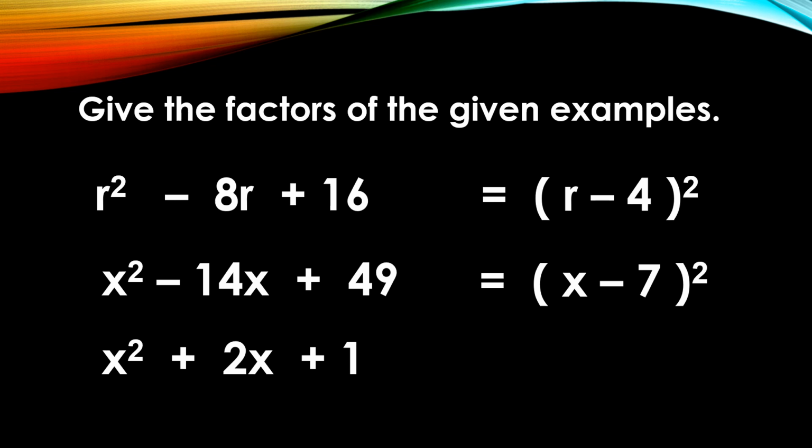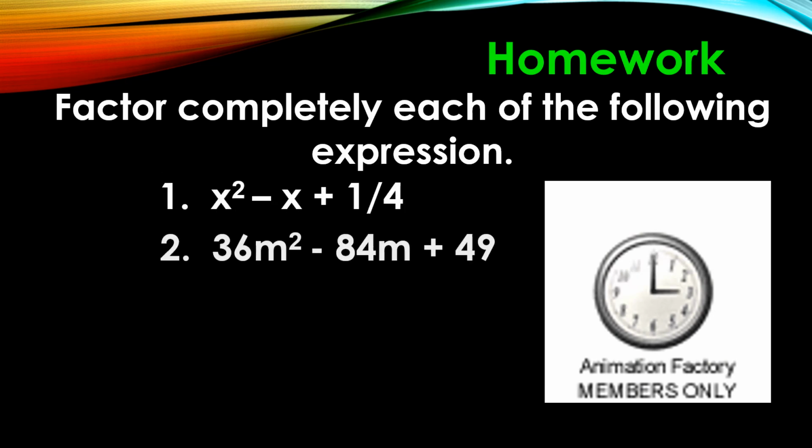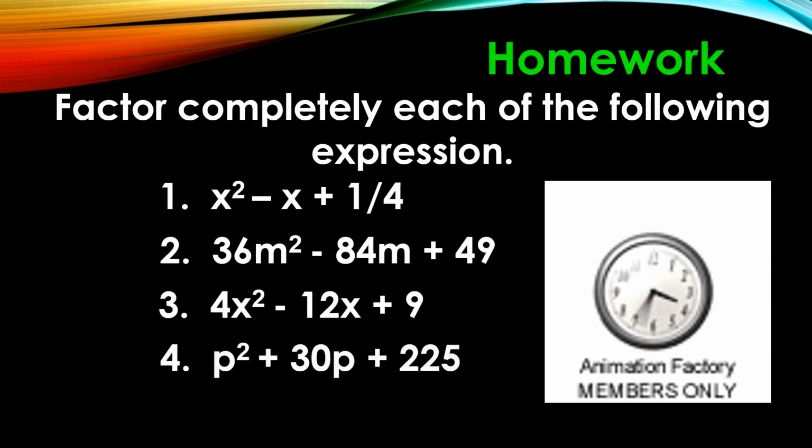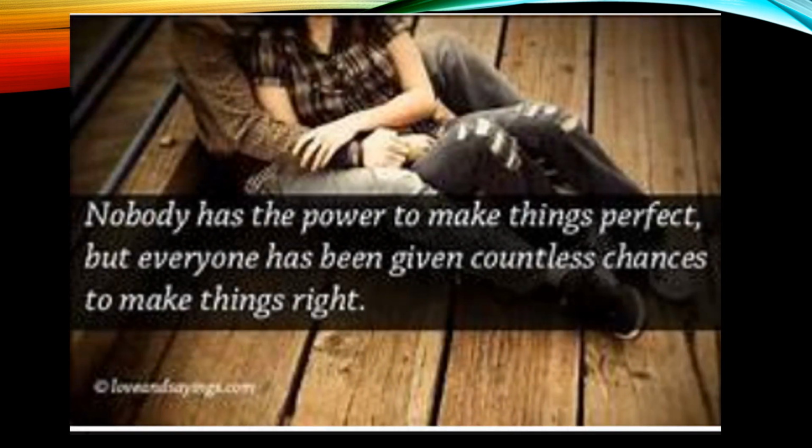The square root of x squared is x, and the square root of 1 is 1. The middle operation is addition. So you have quantity x plus 1 squared. So if you are enjoying to factor a perfect square trinomial, you have to answer these numbers 1 to 5.